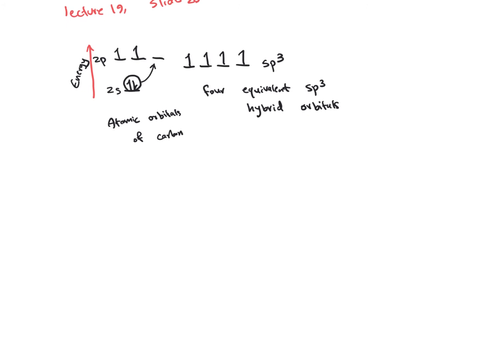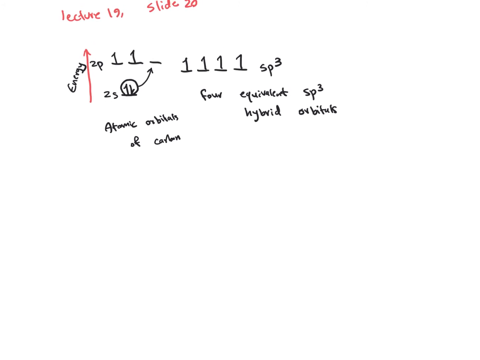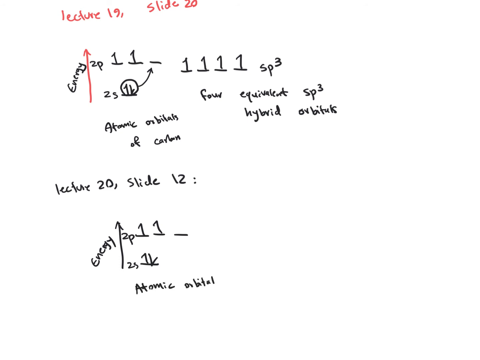right? But going back to lecture 20, slide 12. We have, again, if we consider carbon, that has 2s and 2p, right? This is energy, this is atomic orbitals of carbon.